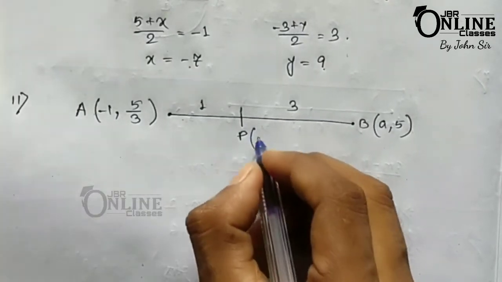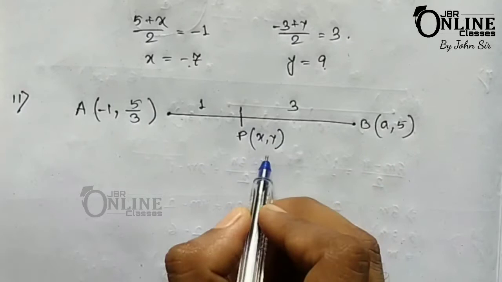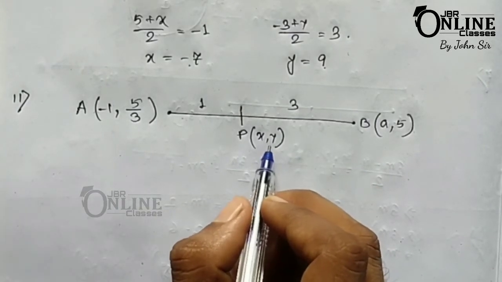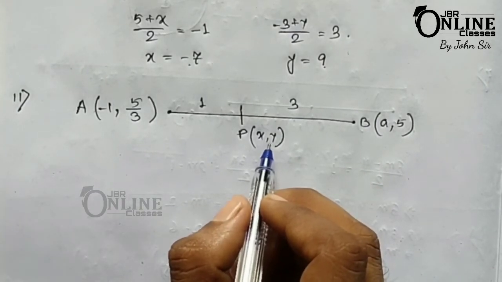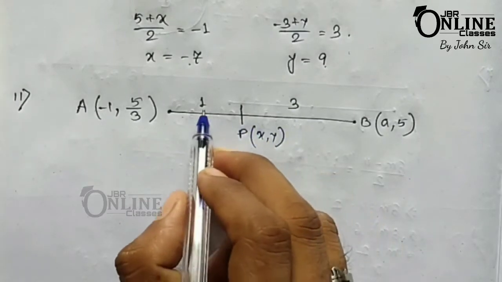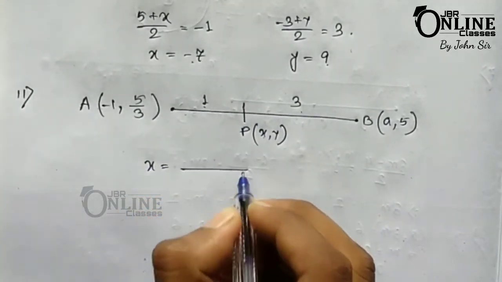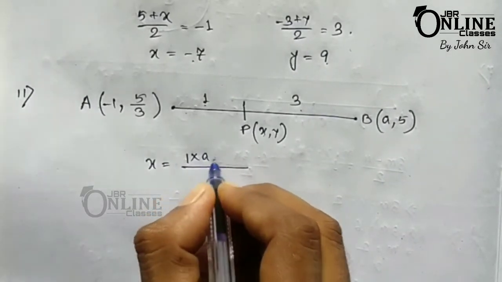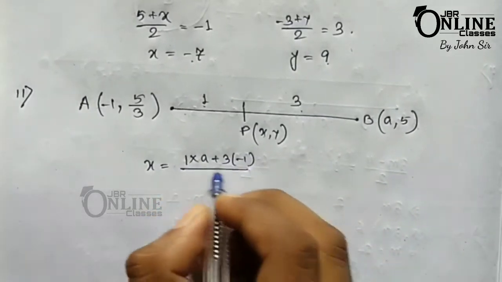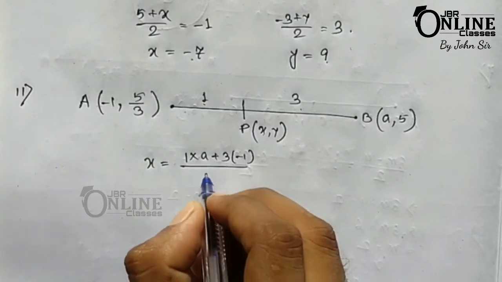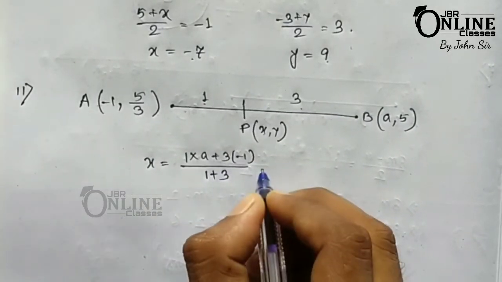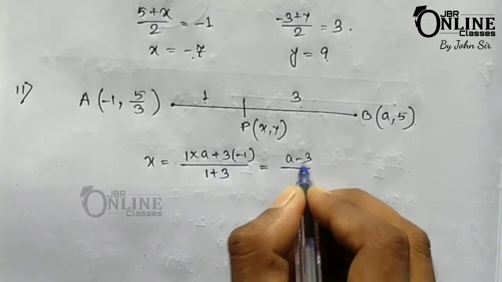So let P be the point and the coordinates of P equal x, y. Now as P divides this line segment in the ratio 1:3, here x equals, you can apply the formula, 1 into a plus 3 into minus 1, that is m x2 plus n x1 divided by m plus n, and that equals a minus 3 by 4.